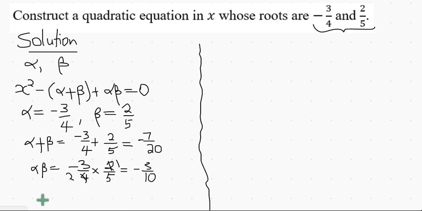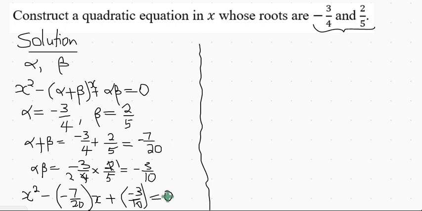So all you need to do next is to substitute into the equation above, as x squared minus the sum, which is negative 7 by 20, x. Oh sorry, I omitted the x, there should be an x here. So x plus the product, which is negative 3 by 10, equal to 0.